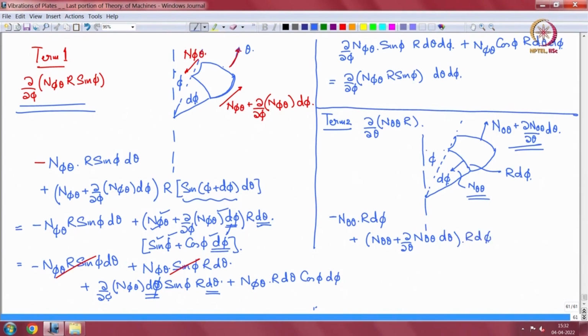Okay, this is r sin phi, I have not pointed it out earlier. Okay, so now this cancels with this term, and so I am left with del theta n theta theta into r d phi d theta, which is what we have here.